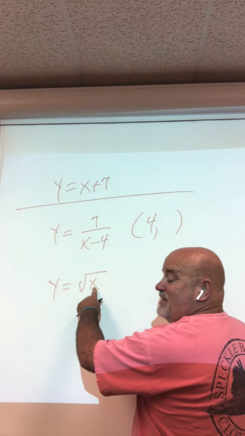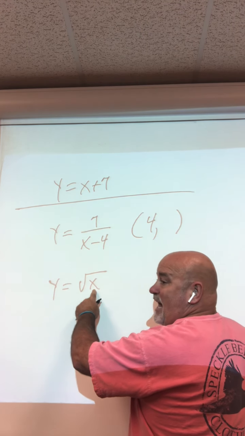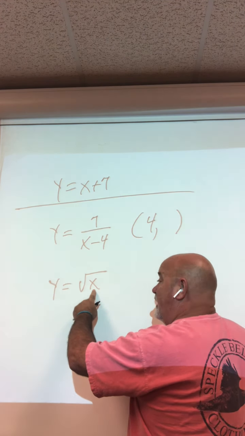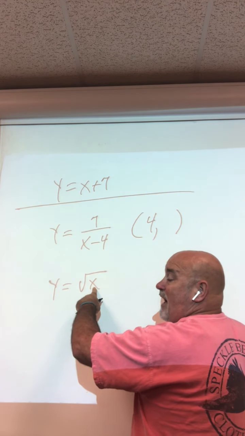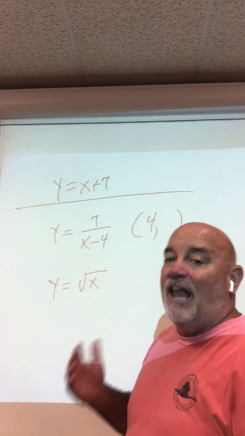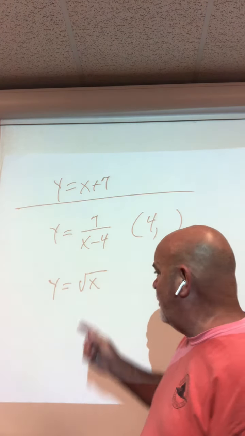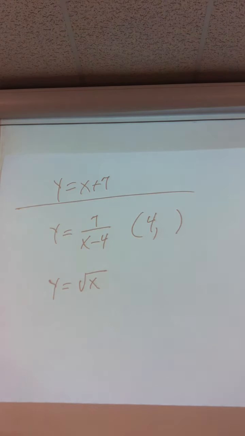If I let x be 0, what's the square root of 0? 0. If I let x be 9, what's the square root of 9? 3. If I let x be 25, what's the square root of 25? 5. Even if I let x be 11, you say, well, if you plug 11 in here, you don't get an answer. Yes, I do.